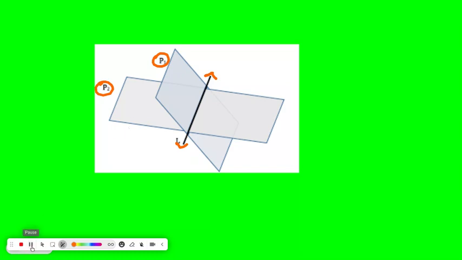Let's look at two more things. So we can make a plane again if we have our pens working. There's our plane. And then we could have a line that intersects the plane.